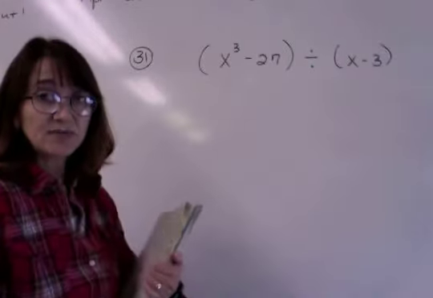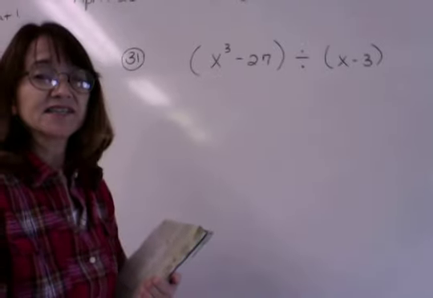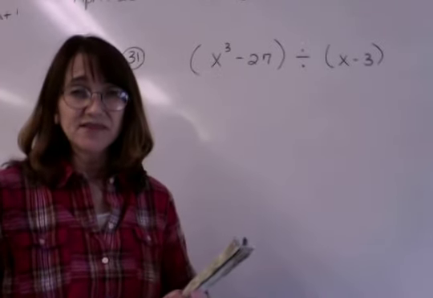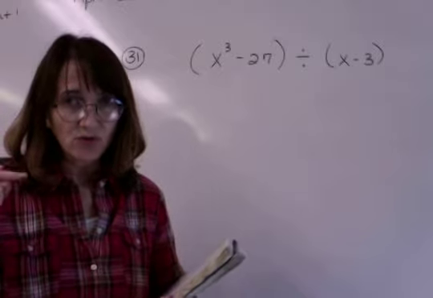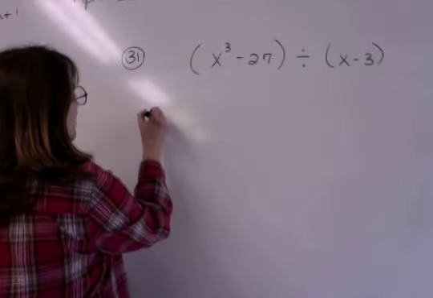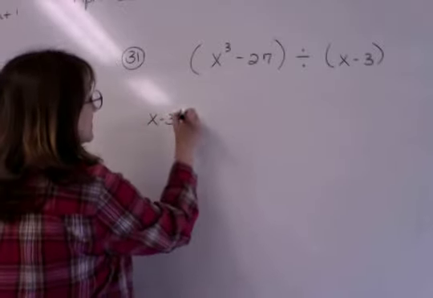I have to set that up in the little house. The reason why I didn't is because as I set this up, I have to put placeholders in there. So I've got x minus 3.